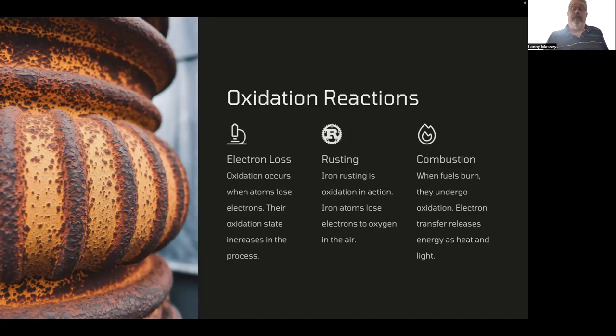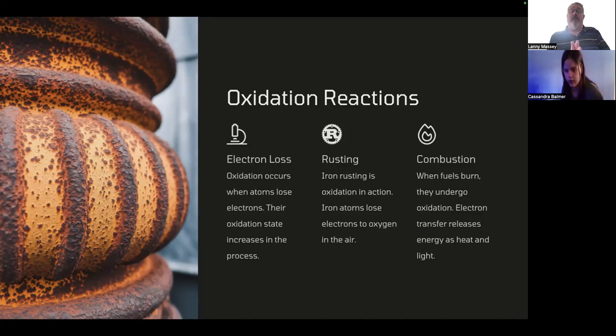All right. So starting with oxidation reactions, or the oxidizing side of a redox reaction. Oxidation occurs when an electron is lost. So when atoms lose their electrons, the oxidation state increases in the process. Examples of this: iron rusting is an oxidation reaction.